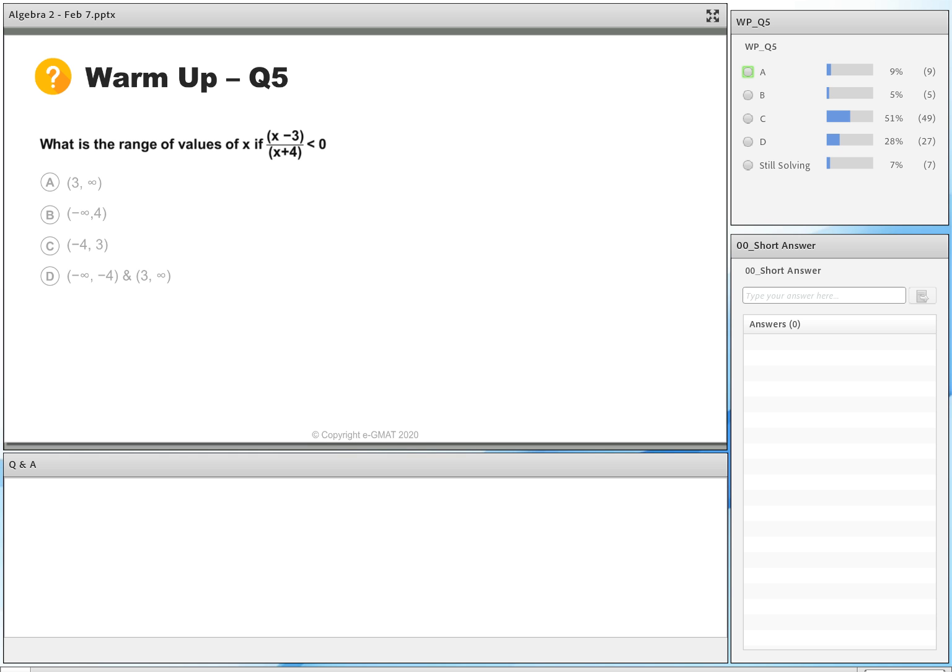Now, before I move ahead to the solution for this question, I'll bring in the yes no poll. What I want you people to tell me is how many of you substituted values to mark the answer for this question? So you took a value from any of the ranges given in the options and then calculated for the answer.